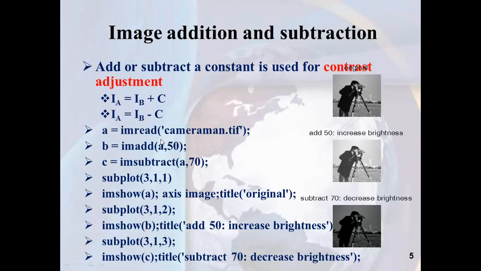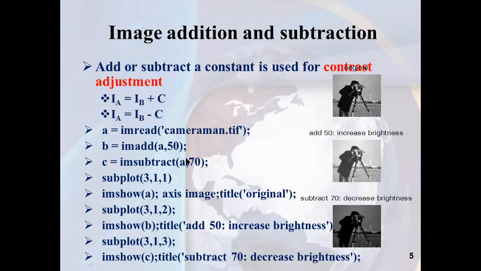Now, when we add 50, it means that we increase the brightness. This is the original image. When we add 50, all the original values of the pixels are increased by 50, and the brightness of the image becomes lighter.